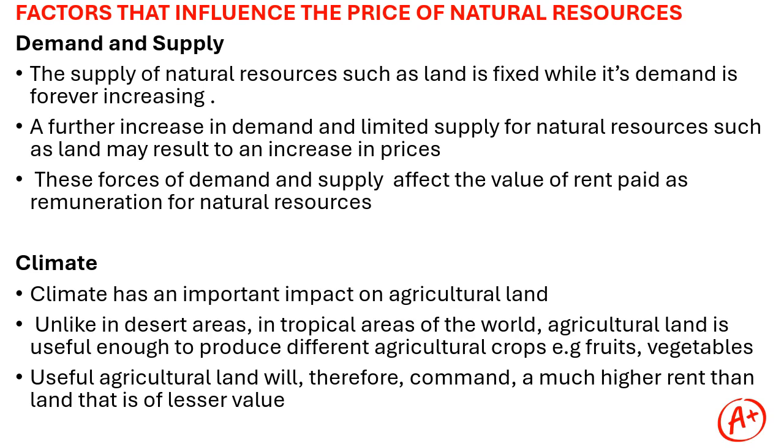I, who am in South Africa, will pay the higher rent to plant oranges. Why? Because I'm in a tropical based area. That is the most useful agricultural land to do what? To plant or farm oranges.